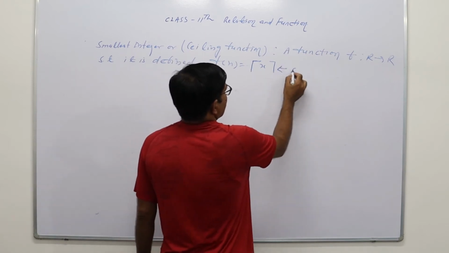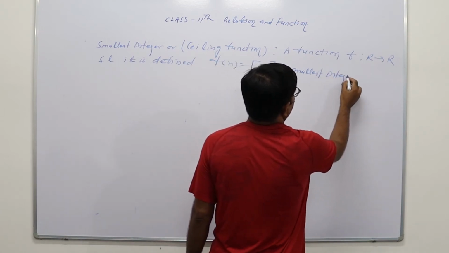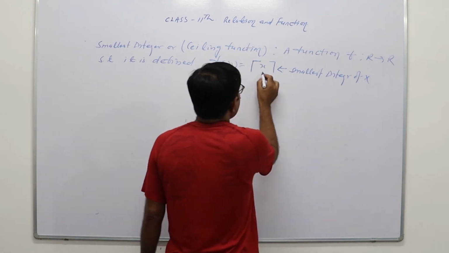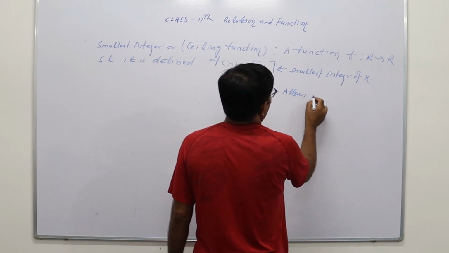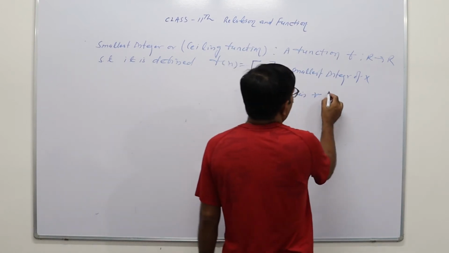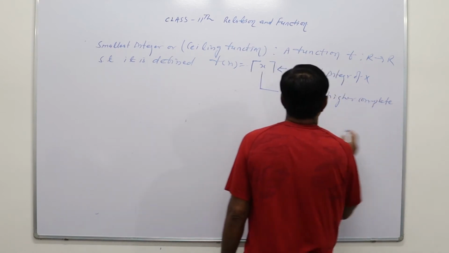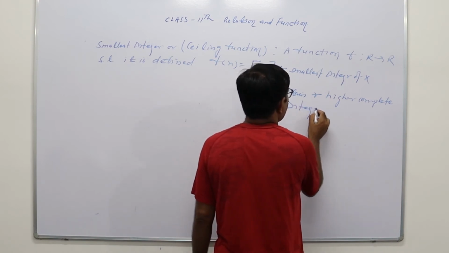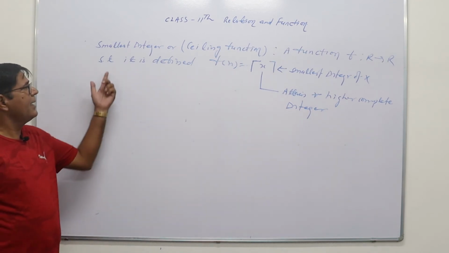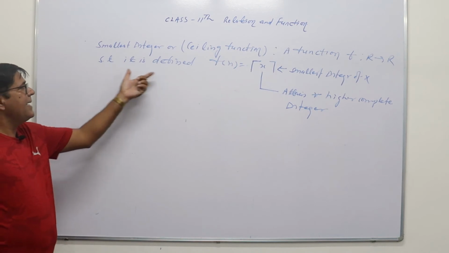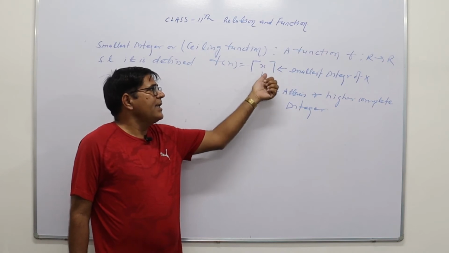Read out as the smallest integer of x, and it always attains the higher complete integer. So a function f from R to R such that it is defined as f of x equals the smallest integer of x.